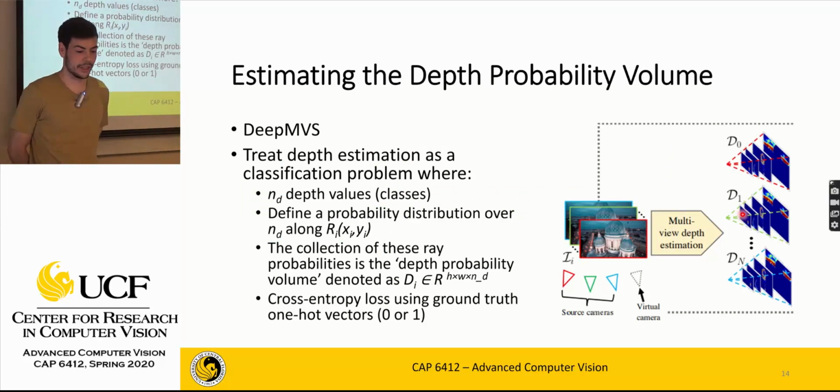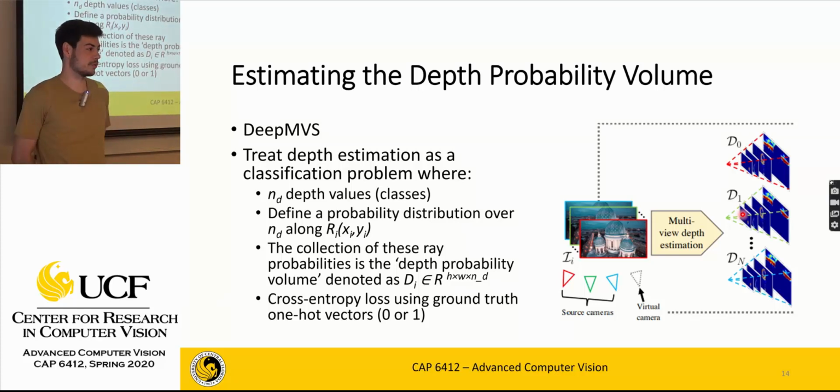So how exactly do they estimate the depth probability volume? Well, the way DeepMVS works is by treating depth estimation as a classification problem, similar to image classification. There are n depths, which in this case is 100 classes, so one value for each depth. They define a probability distribution for each ray pointing from the source camera to the pixel within the image.